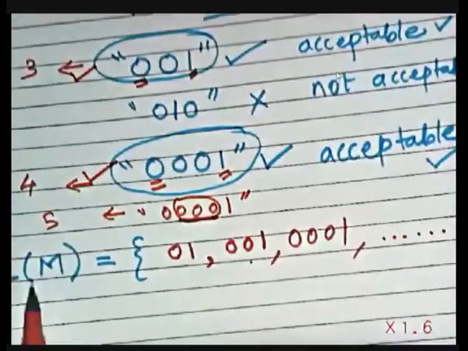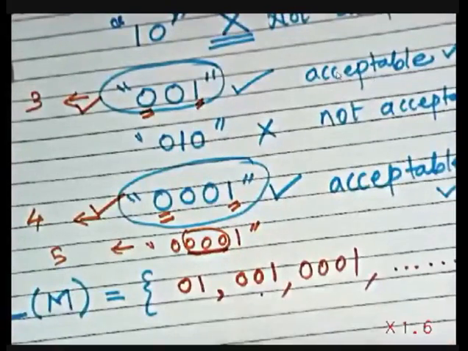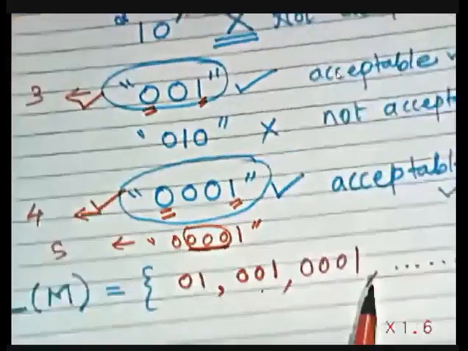So my language which is acceptable by this finite automata will be this one. And how will I represent this language?